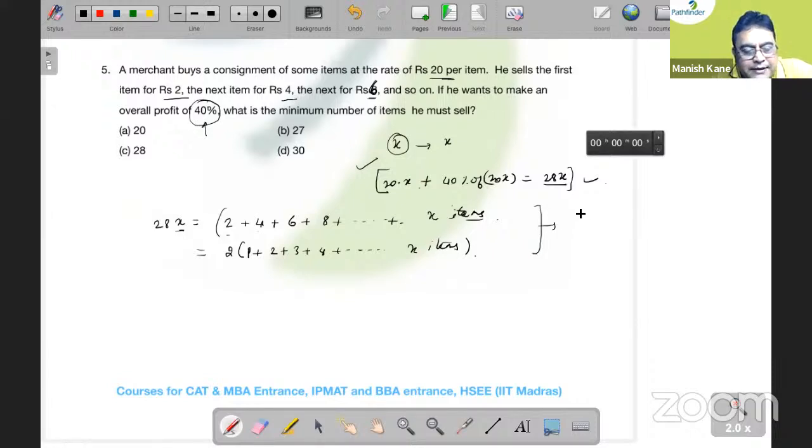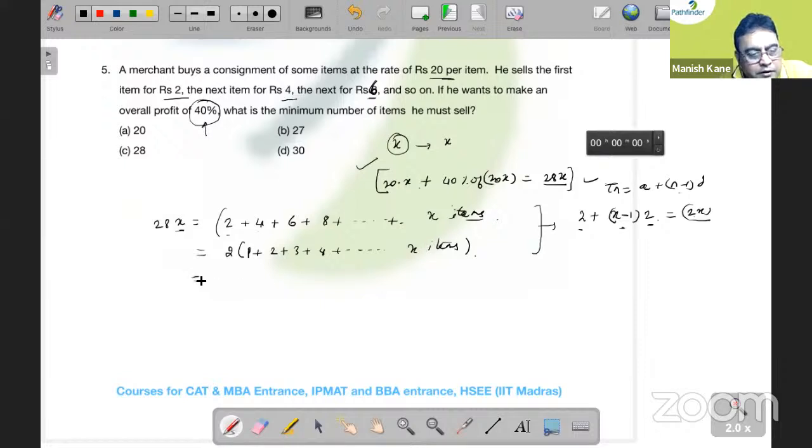The price of the Xth item is 2 plus (X minus 1) into 2, which is basically equal to 2X. Because this is basically an arithmetic progression, the nth term is a plus (n minus 1) into d. D is 2 rupees, the first term is 2 and n is equal to X.